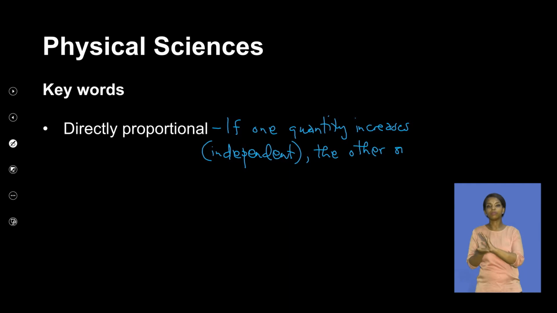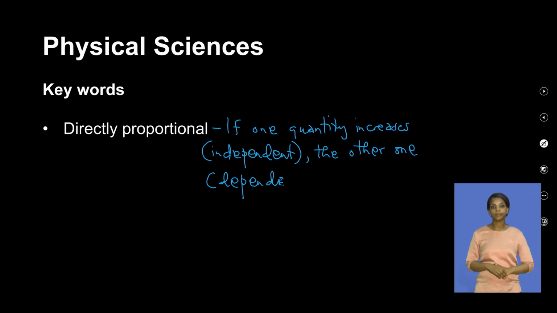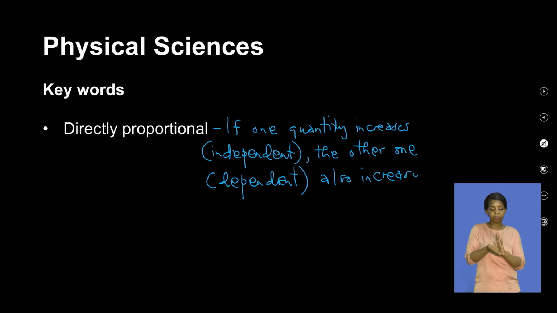The other one here in this case is the dependent or the response variable. The dependent also increases, right? As an example, but in the same proportion.